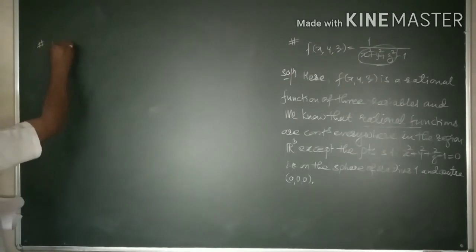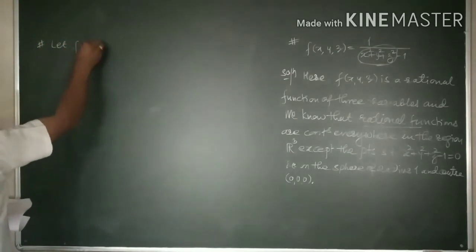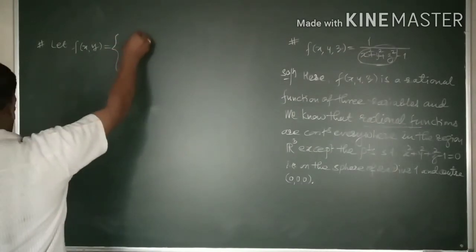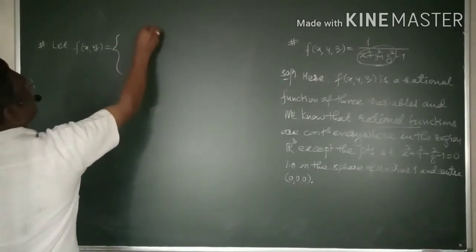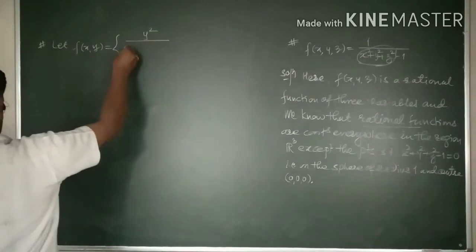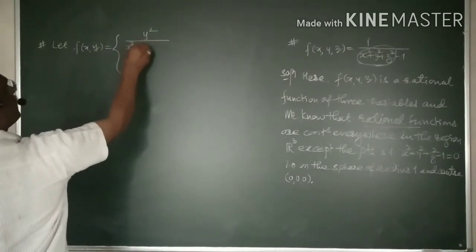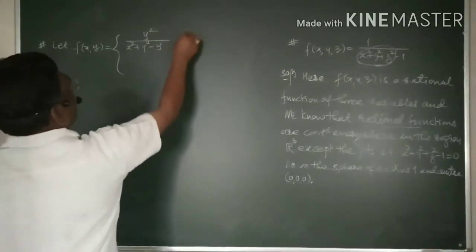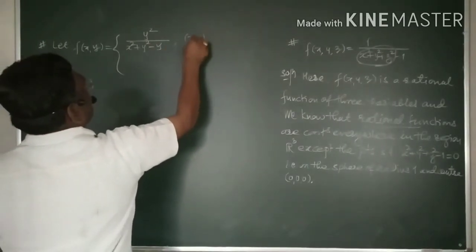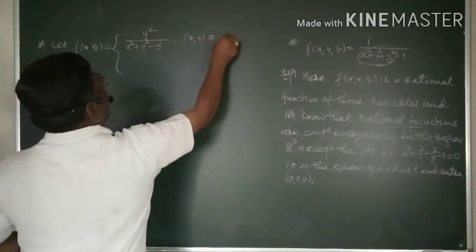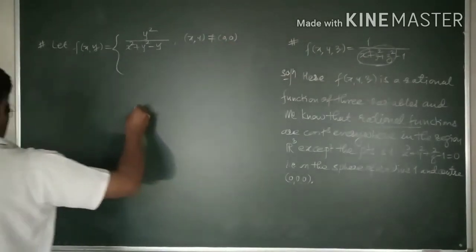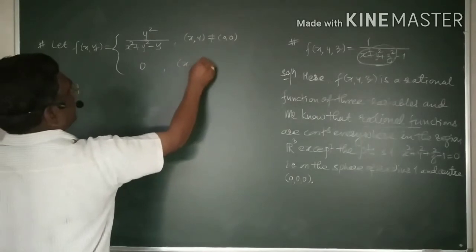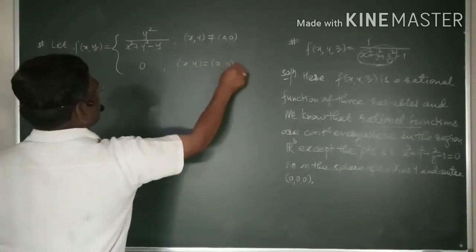Let f of x comma y be equal to y square over x square plus y square minus y if the ordered pair x, y is not 0, and equal to 0 if the ordered pair x, y is 0.